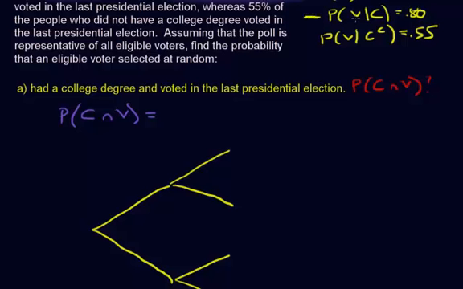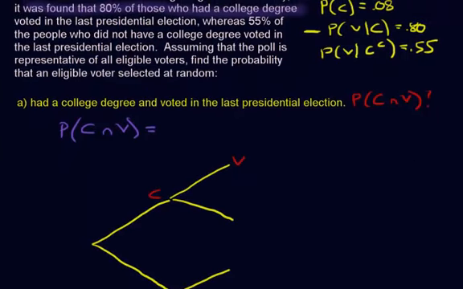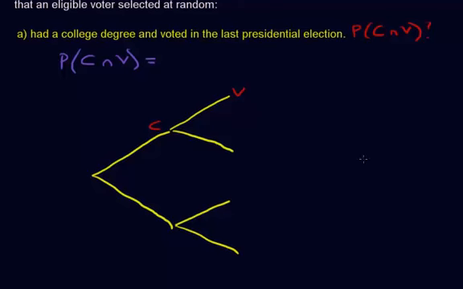This is the probability that you voted given you've gone up the college degree branch. So based on this, I'm going to have V here and college here. This is my college branch, and this is my voting branch. It makes sense because all the information they gave you about voting depended on whether you had a college degree or not. So voting is on the second set of branches.